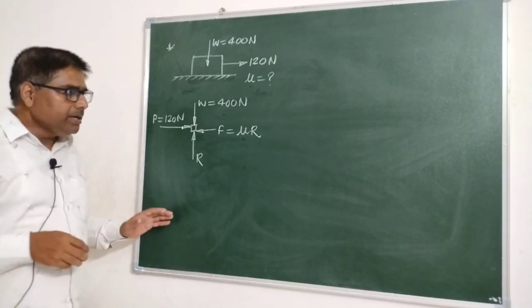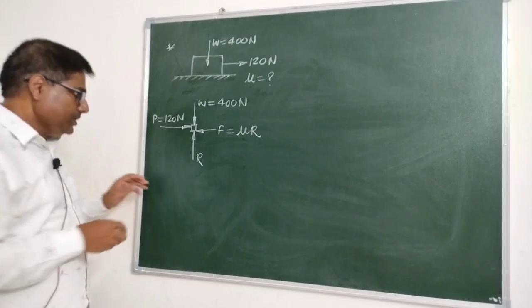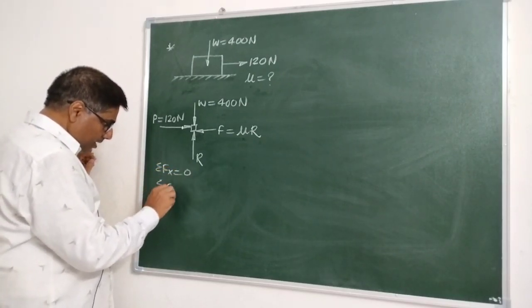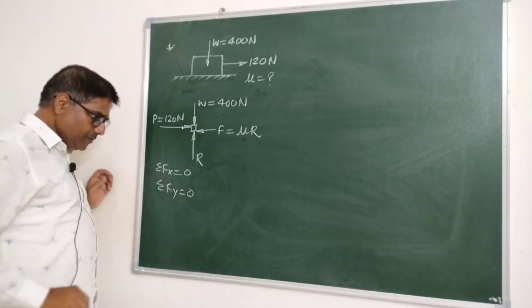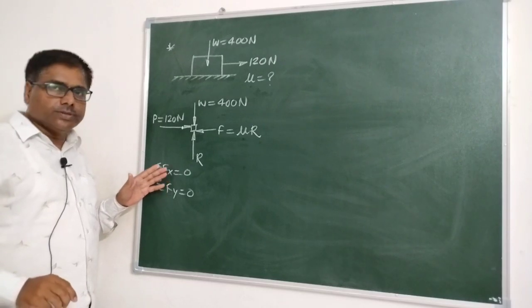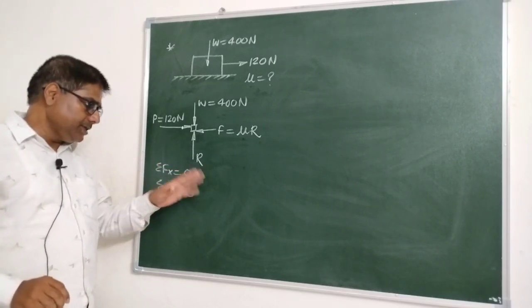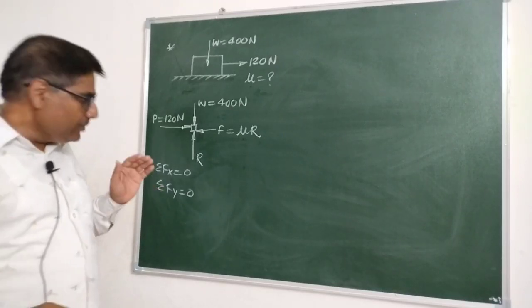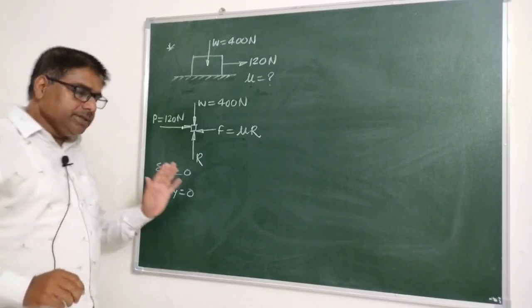Now let's apply equilibrium conditions, that is sigma fx is equal to 0 and sigma fy is equal to 0. Sigma fx is equal to 0 means sum of all forces acting in the x direction is equal to 0, and sigma fy is equal to 0 means sum of all vertical forces is equal to 0.